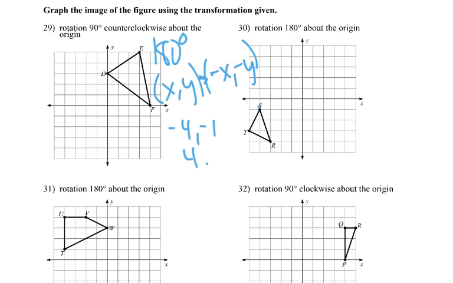It becomes 4, 1. T is negative 5, negative 3. So it becomes 5, positive 3. And R, negative 3, negative 4, becomes positive 3, positive 4. And we get S prime, T prime, R prime.